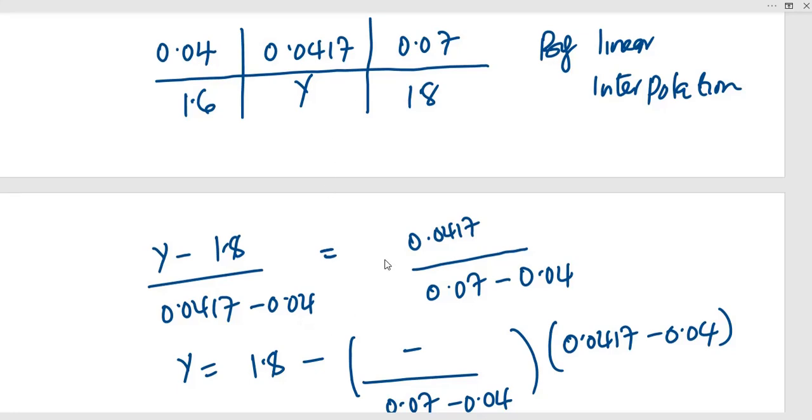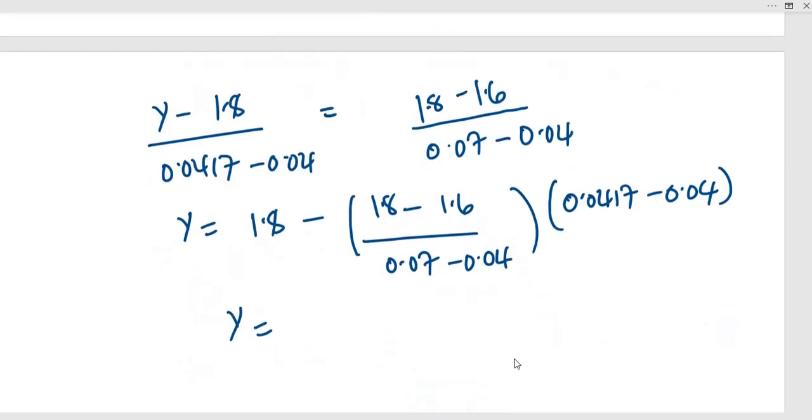Then this will equal the values for Y, which will be 1.8 minus 1.6. So 1.8 minus 1.6, what we get is 1.79.